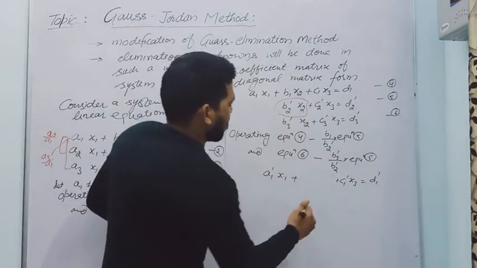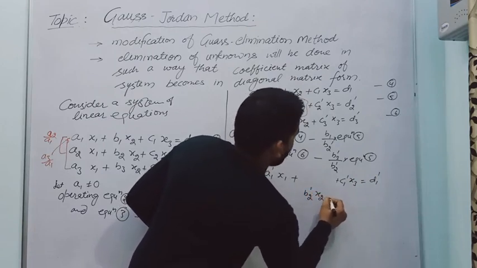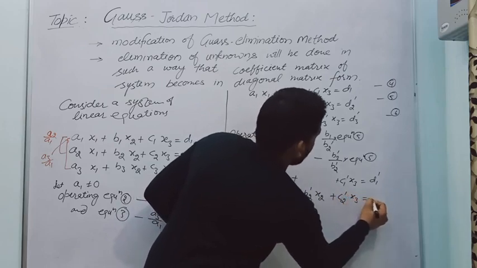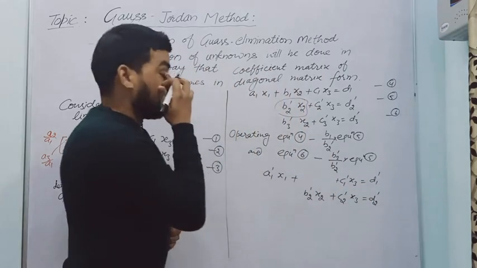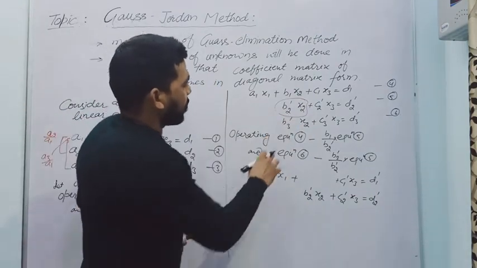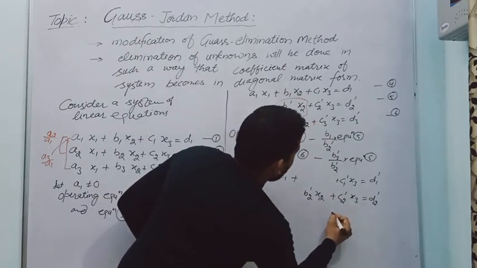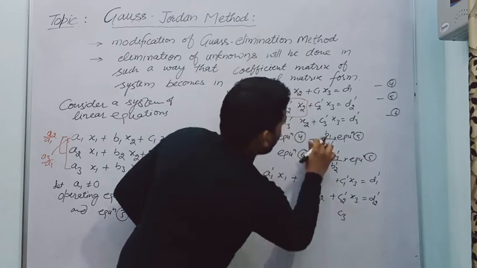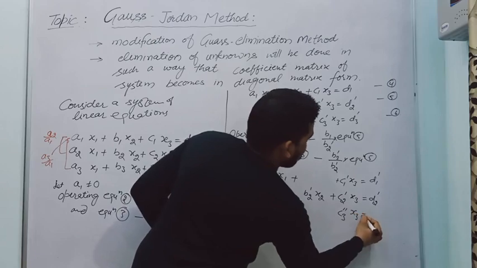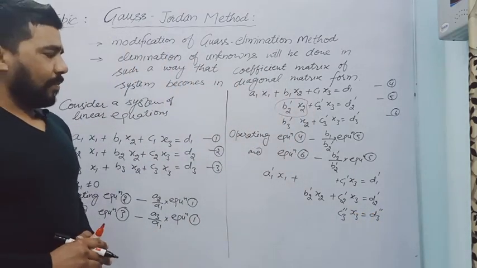And this term will be as it is: b2 dash x2 plus c2 dash x3 is equal to d2 dash. Now by using this one you are subtracting, so this term will be eliminated. What I have left here is a new coefficient, so I call it c3 double dash x3 is equal to d3 double dash. Alright, I have this term now.